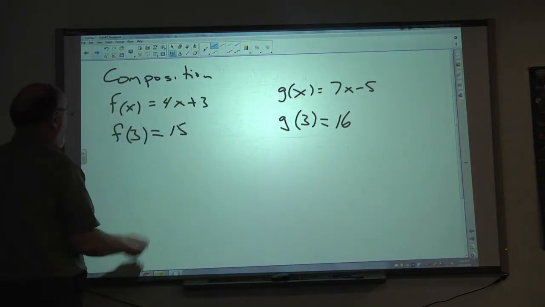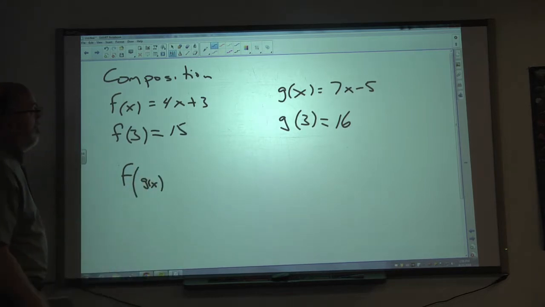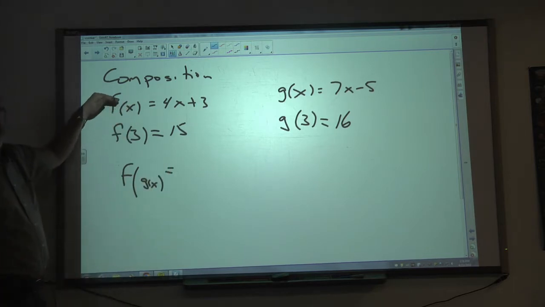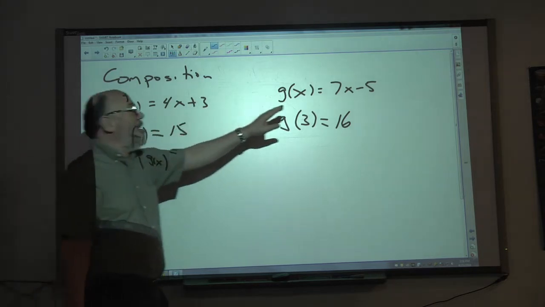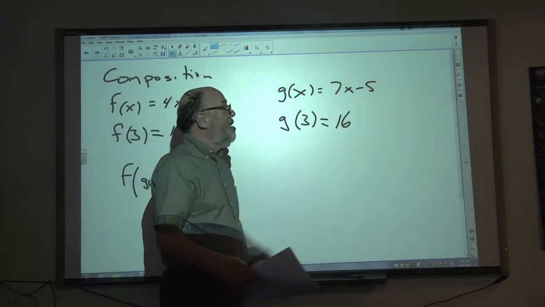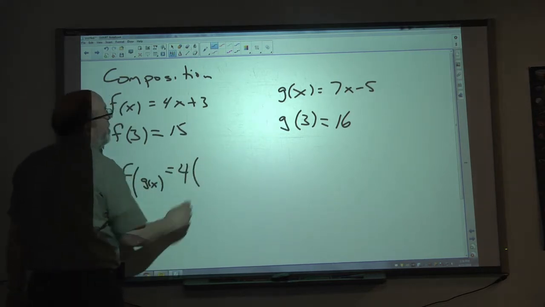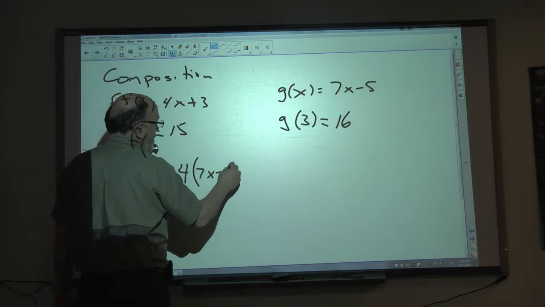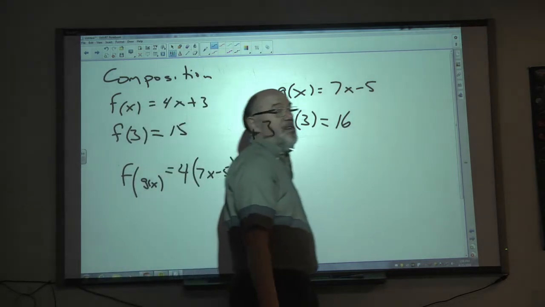Now, what if I want to know what is f of g of x? Really what this says is start with f of x, and everywhere you see the x, we want to plug in g of x. So here we're going to have 4 times the 7x minus 5, plus 3.